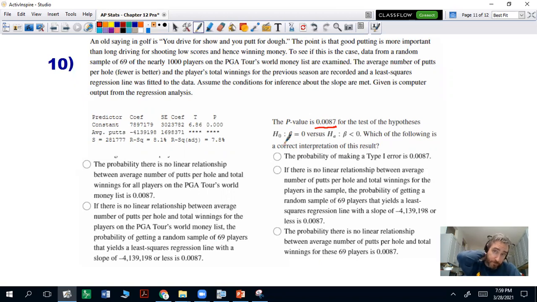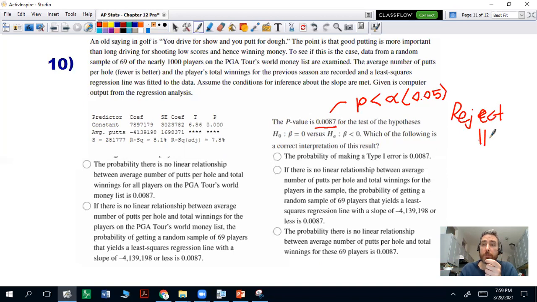First of all, the p-value is less than whatever significance level, we'll say 0.05, so we would reject the null, which means we have strong evidence to conclude that there is a negative slope.